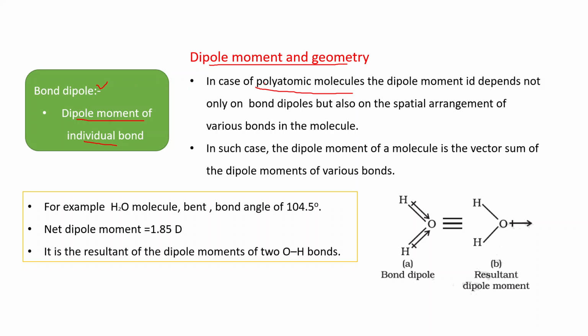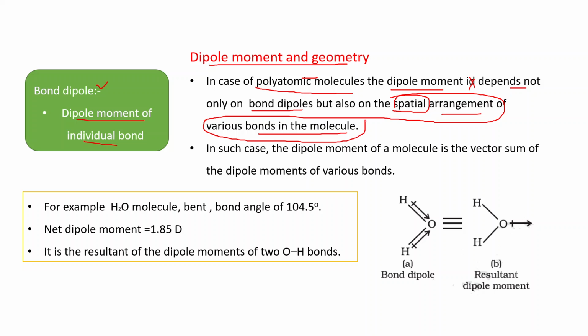That's why in polyatomic molecules, the dipole moment depends not only on bond dipoles but also on the spatial, that is space, arrangement of various bonds in the molecule, and the spatial arrangement of the bonds describes the geometry or shape of the molecule.